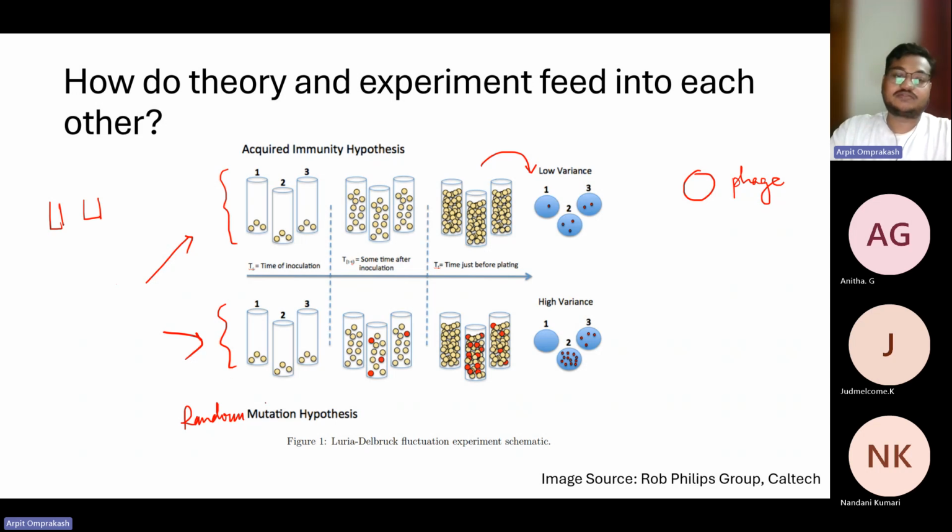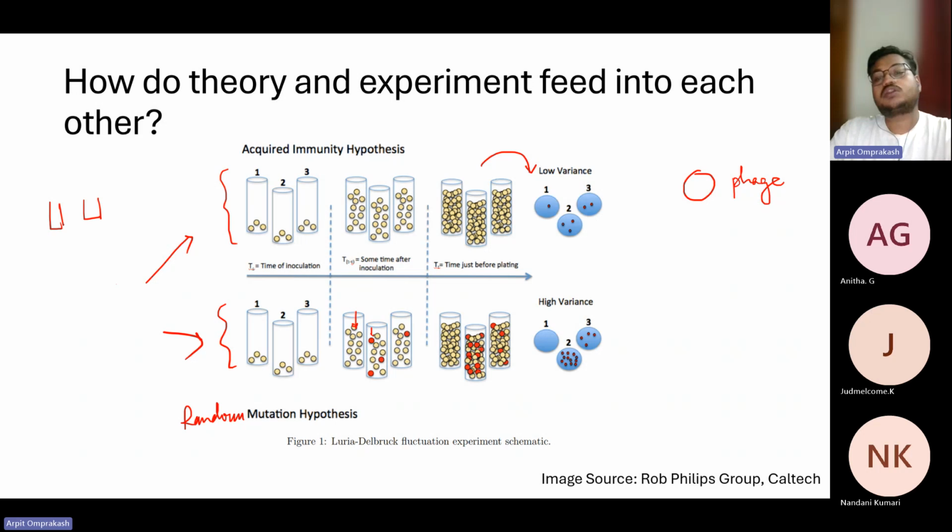Whereas in the second case, which is the random mutation hypothesis, some of these cultures will already have a mutation. For example, this red bacteria here has a mutation which can help it deal with the phage, right? And some of them will not. For example, these are the normal bacteria which are not resistant.